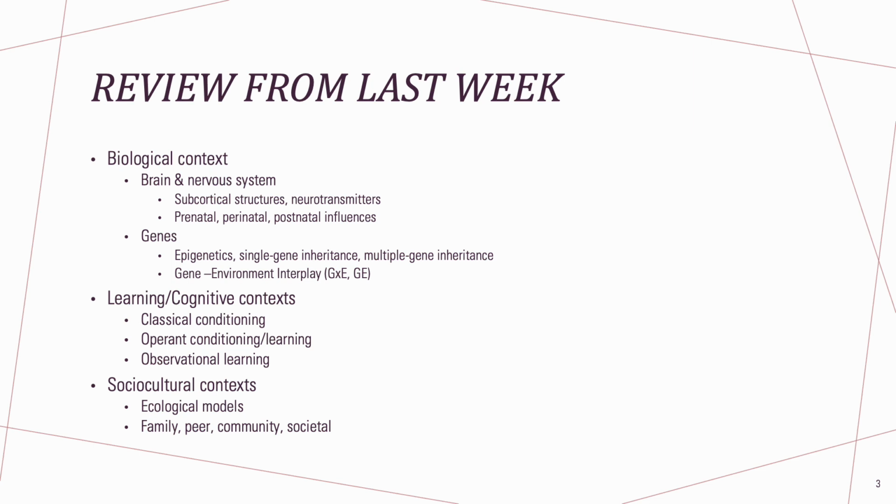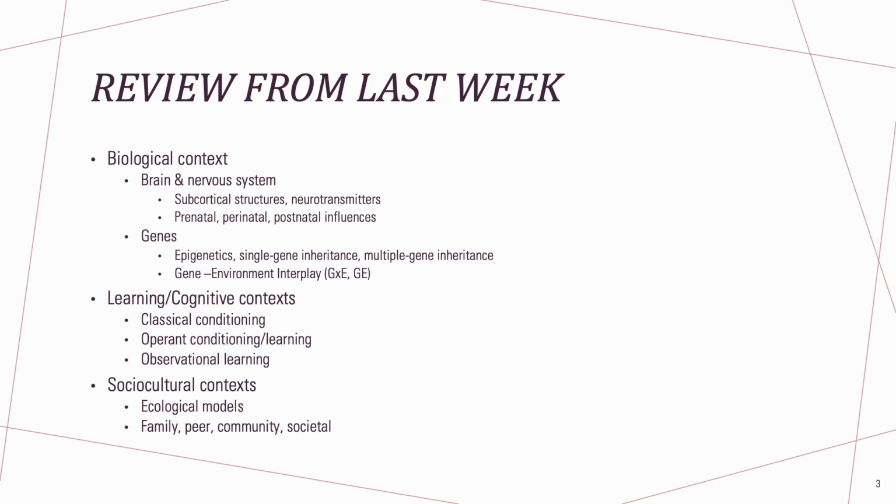And then our second recording was all about the biological context and the environmental context. So our lecture was pretty short, and it was mostly intended to be a brief high-level review with the expectation that you would read most of that in your chapter reading. So we talked about the biological context, and we touched on brain development and the nervous system.